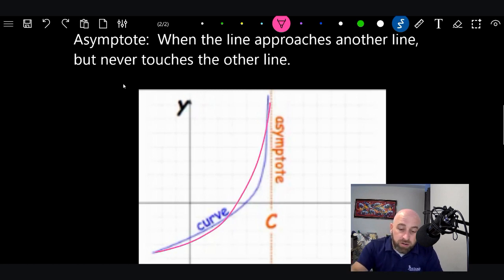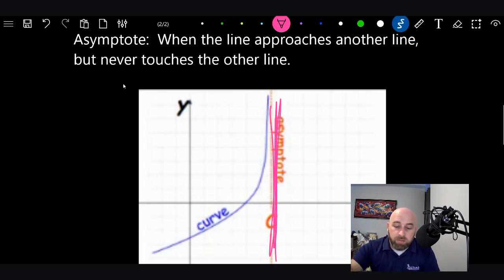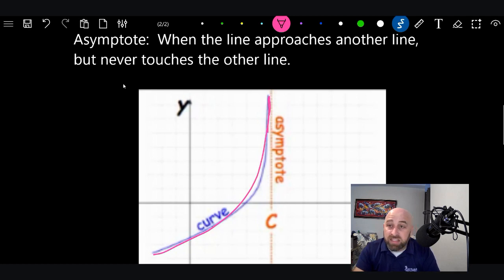So this curve right here that you're looking at, this is the exponential curve. Now, there's something very interesting about an exponential curve. The exponential curve, like for instance, this C right here, this is the asymptote. Now, this blue line will never touch that C line.